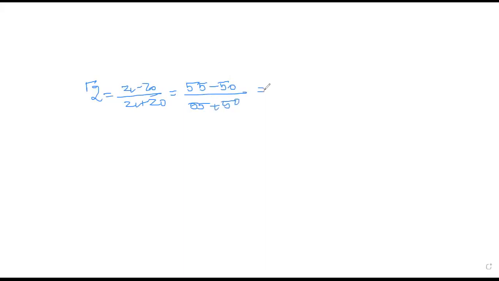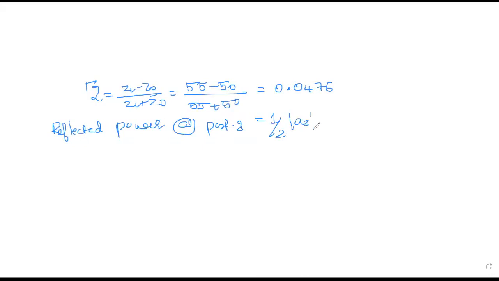What is the answer? 0.0476, ma'am. 0.0476. Okay. Now find out the reflected power at port 2. So it is half into magnitude of A3 square gamma 2 square.